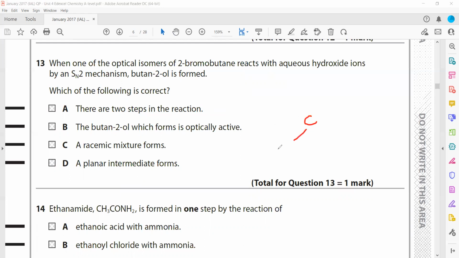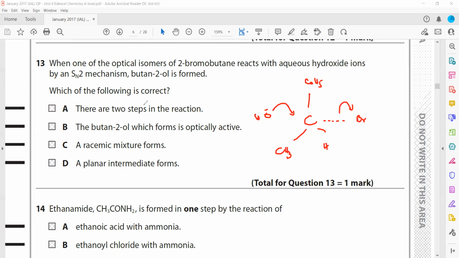So we have 2-bromobutane, with a C2H5 group. The OH is the attacking nucleophile, it tries to form a bond while bromine tries to break the bond. You can see there is a chiral carbon here. Even in the product there will be a chiral carbon, because the carbon is attached to 4 different groups. And if a chiral carbon is there, it means it will be optically active.